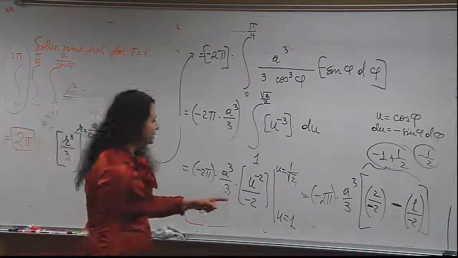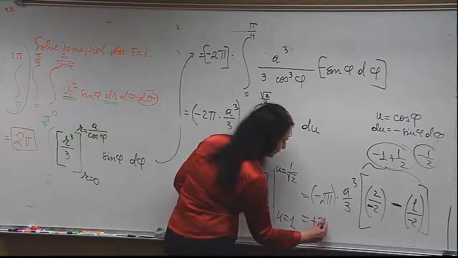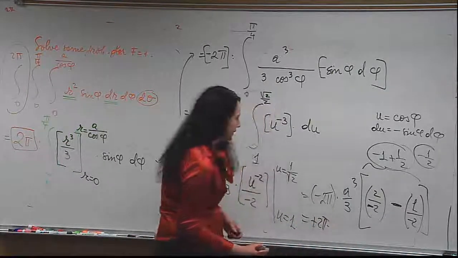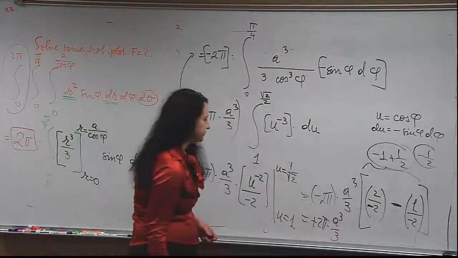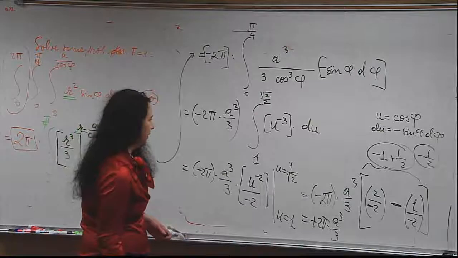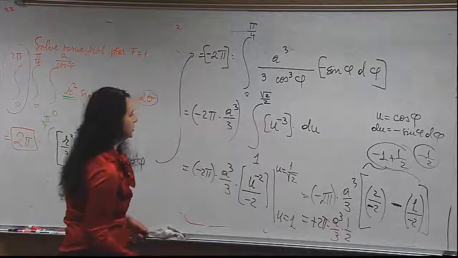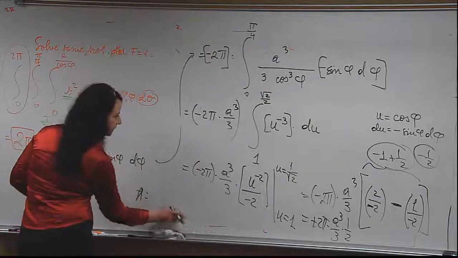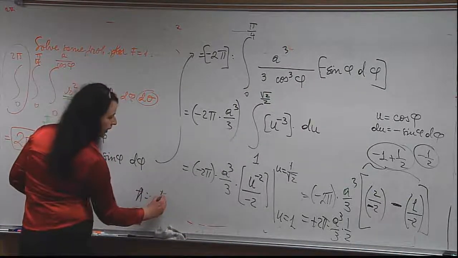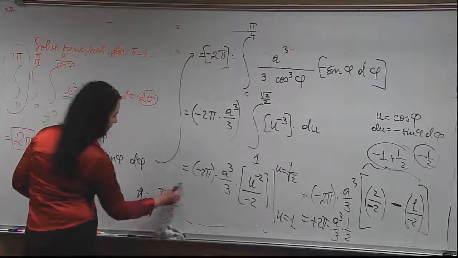But I had the minus from before. So it's plus 2 pi times a cubed over 3 and times 1/2. So in the end, the total answer will be pi a cubed over 3.